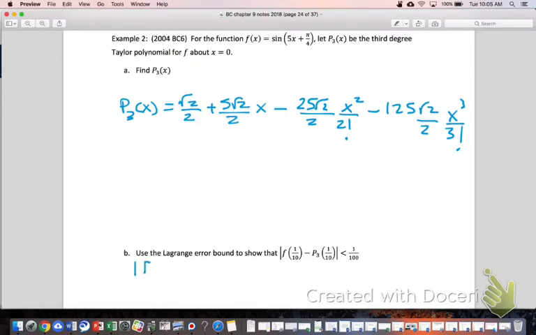I'll say absolute value of f of 1/10 minus p sub 3 of 1/10 is less than or equal to, and I'm supposed to show eventually that this is less than 1/100th. So I'm going to use the Lagrange error bound to bound my error, and hopefully this will show me that it's less than 1/100th. We're going to find out.